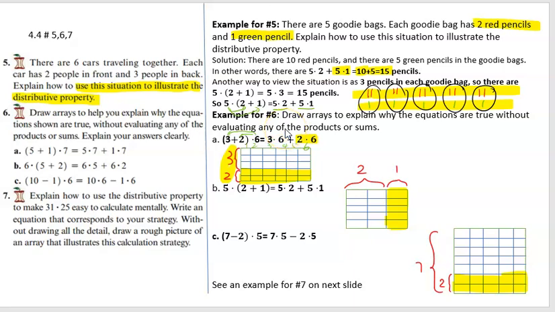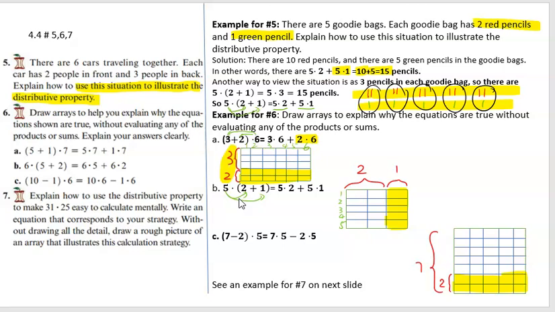Okay, next one, they moved 5 and put it in front, but it's the same thing. We can distribute it. We will distribute 5 to 2 and 5 to 1. So I have 5 rows: 1, 2, 3, 4, 5 rows. And for the columns, I separate them into 2 white columns and 1 yellow column.